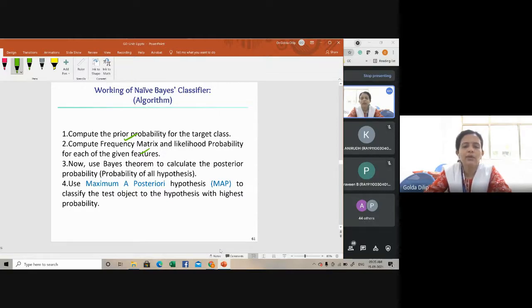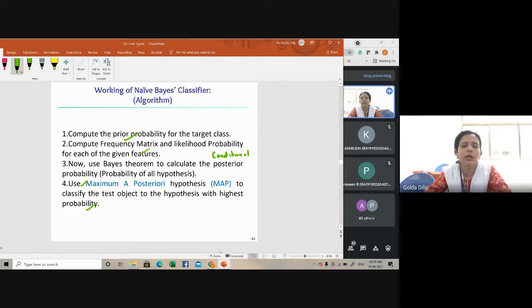Then after that you use Bayes theorem to calculate the posterior probability, that is nothing but your conditional probability or probability of all the hypotheses. Then after that you use what is called the maximum a posteriori hypothesis, also called MAP, to classify the test object to the hypothesis with the highest probability.